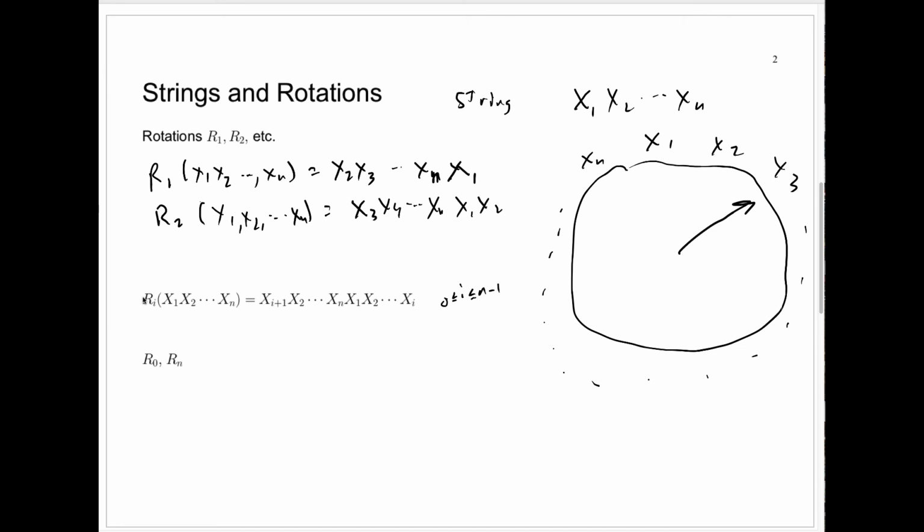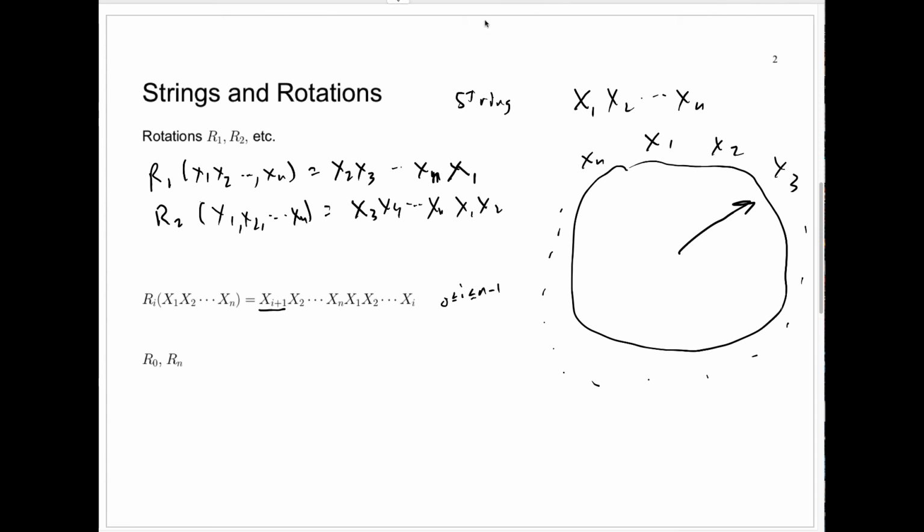I'll show you why in a second. A rotation by i units means we're going to start with x sub i plus 1. Remember, rotation by 1 unit we started with 2, by 2 units we started with 3. So when we rotate by i units, we'll start with x sub i plus 1 and go all the way to xn, and then we'll get back to x1, x2, all the way up to x sub i.